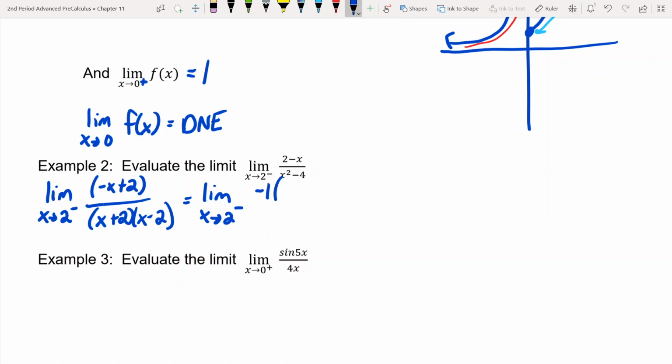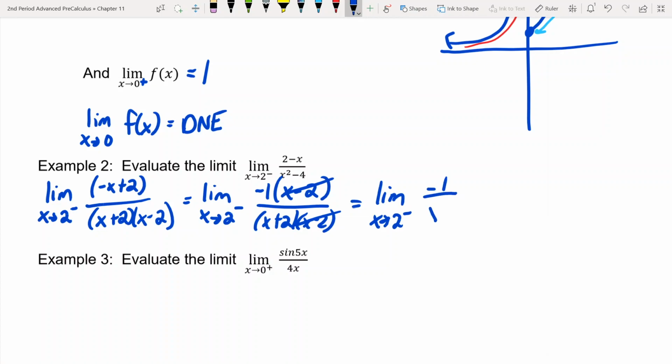At the top, I can factor out that negative 1, which is going to give me an x minus 2 at the top. So I've got x plus 2 and then x minus 2. I can see my x minus 2's are going to cancel. And I'm left with the limit as x approaches 2 from the left of negative 1 over x plus 2.